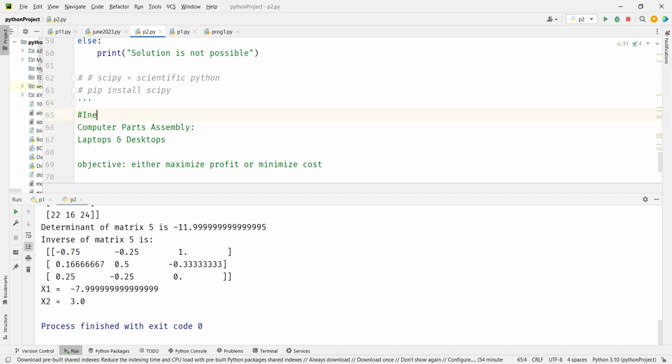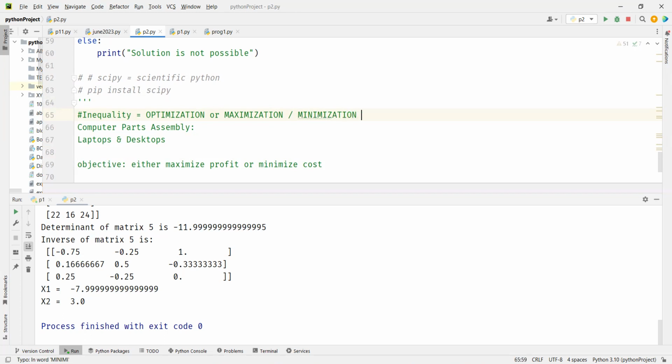Inequality is called optimization, or your maximization or minimization problem. In theory we call it minimization, but in practice it is all a maximization problem.